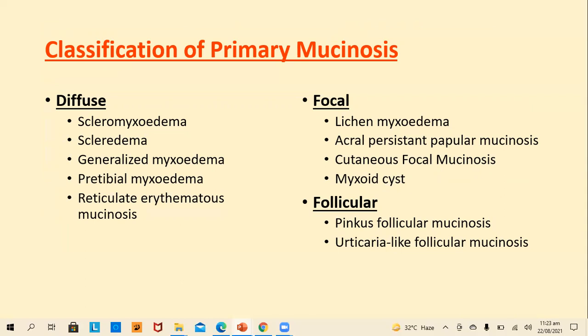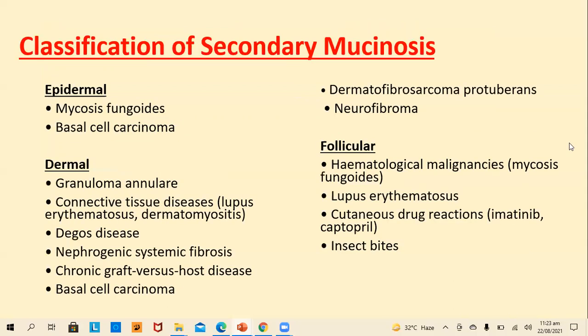Focal primary mucinosis comprises lichen myxoedematosus, acral persistent papular mucinosis, cutaneous focal mucinosis, and myxoid cysts. While the follicular primary mucinoses include Pinkus follicular mucinosis and urticaria-like follicular mucinosis. So our lecture is mainly focused on primary cutaneous mucinosis.